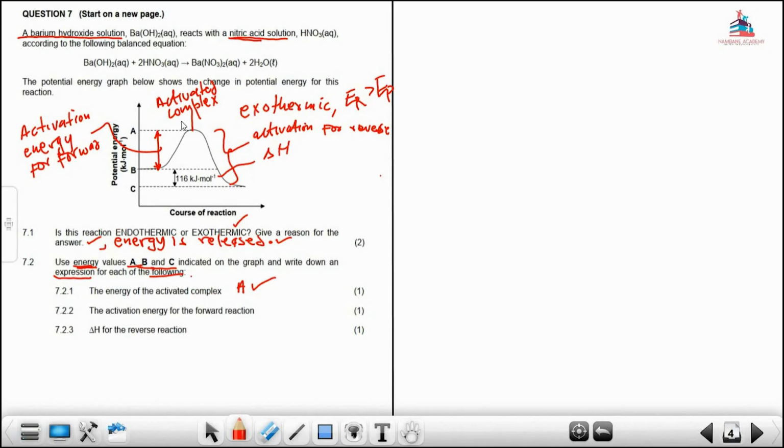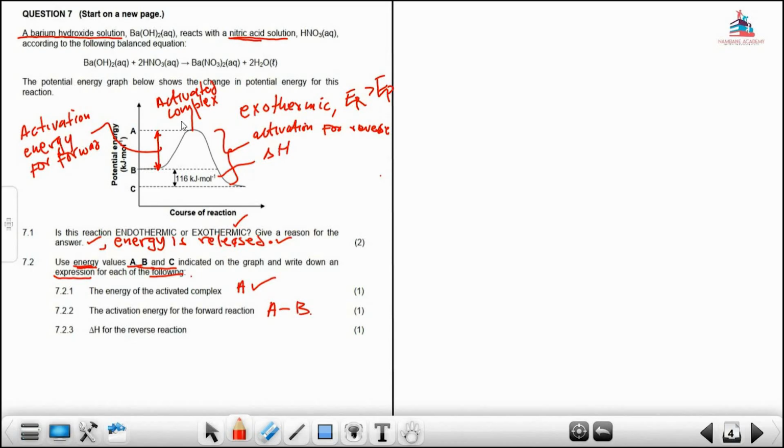Is it not the same? We'll agree that for the purpose of alphabetical order, it's AB. But even if you write BA, I will still give you a mark. I don't have a problem with that because it's just the range between A and B, and then between B and A. So it doesn't really matter, to be honest.